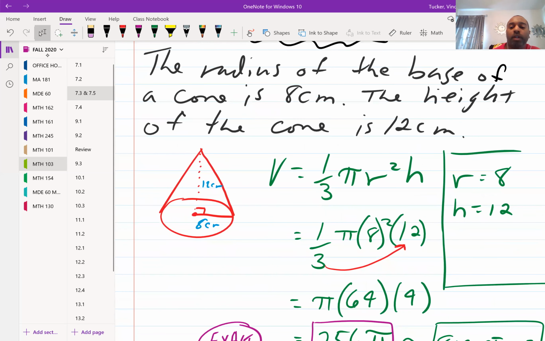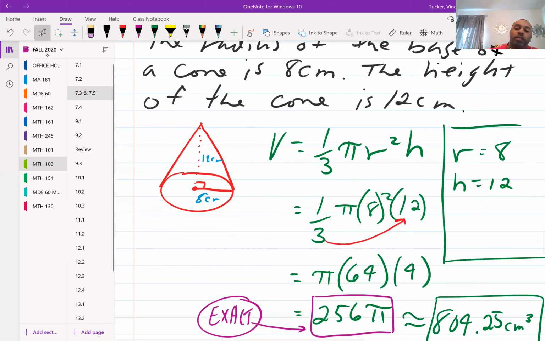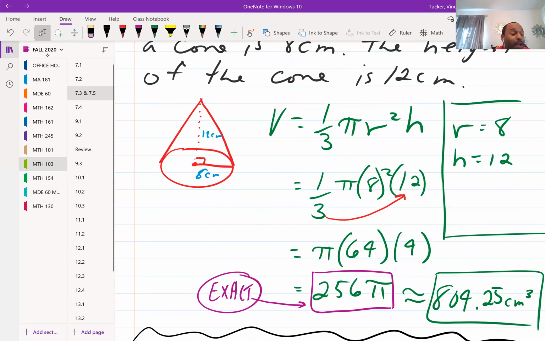So 1/3 of 12 is 4. 8 squared is 64. So 64 times 4 is 256. And so 256 pi would be your exact answer. 256 times pi, rounded to 2 decimal places, will be 804.25. And the measurement is cubic.